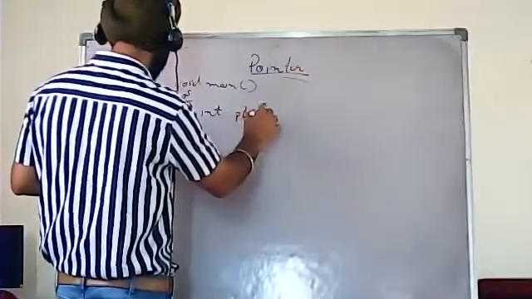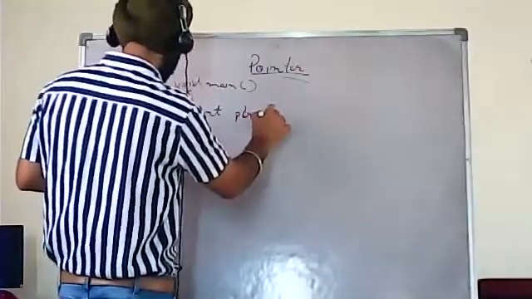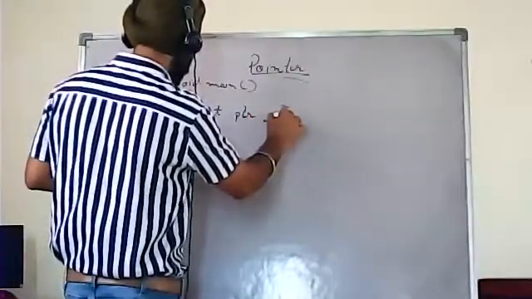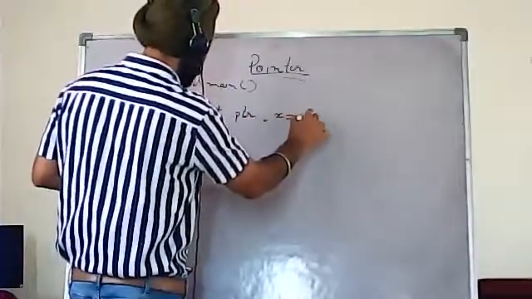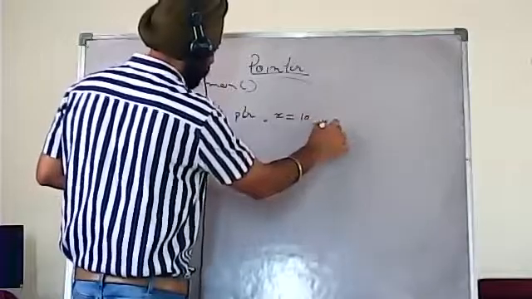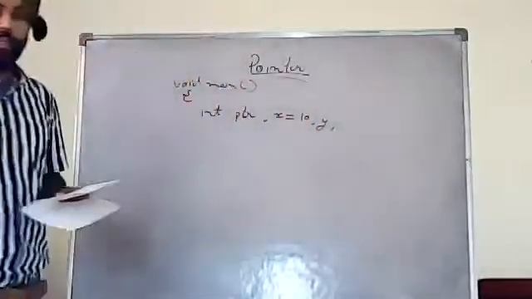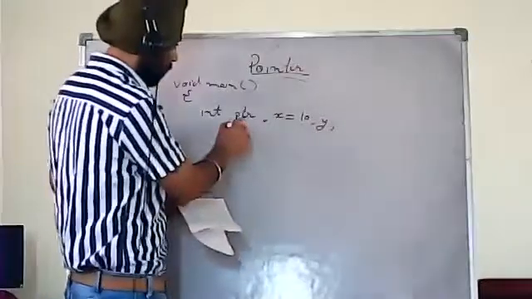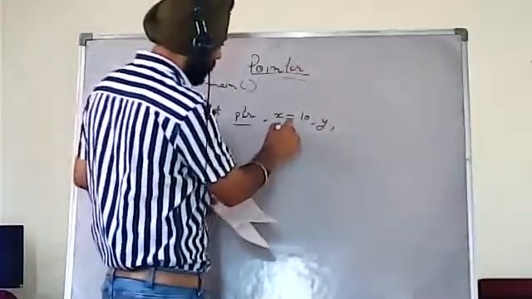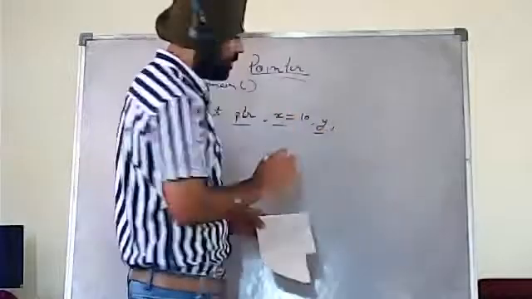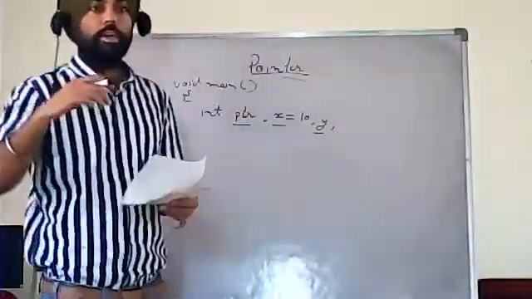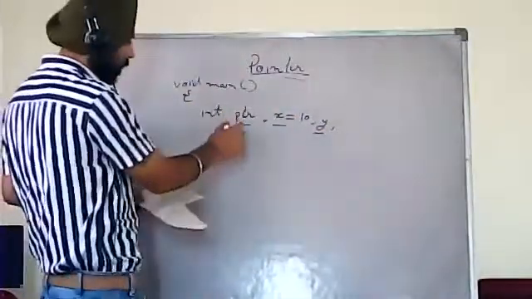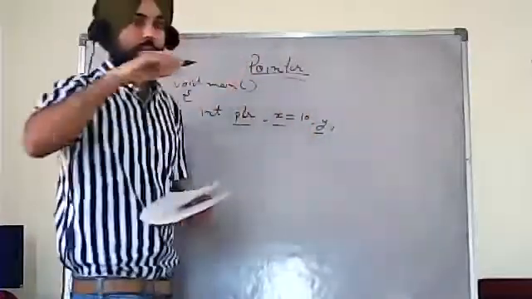Suppose here is a pointer ptr, and we have another variable x equal to 10, and another variable y. So in this case we declare three variables: one is the pointer, another one is x, and the third one is y.